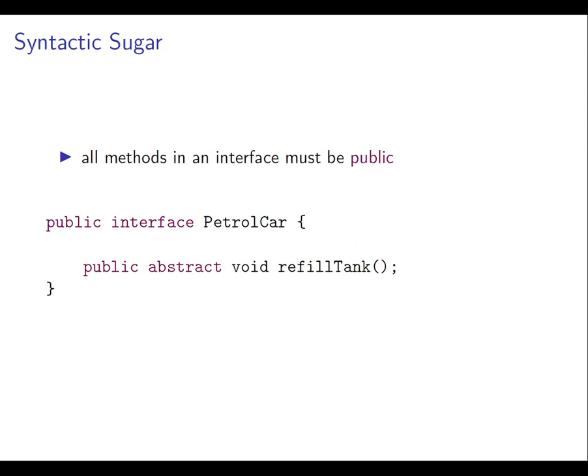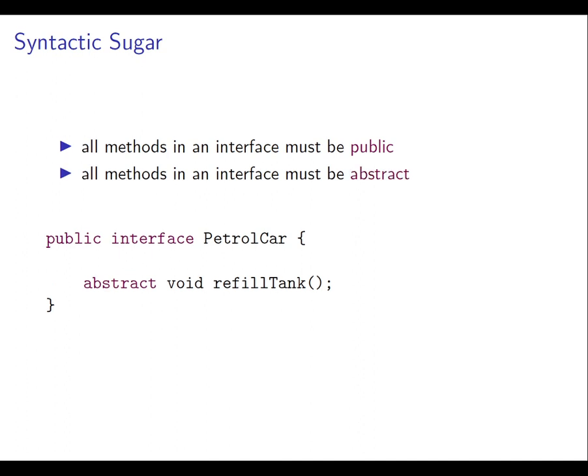So all methods must be public, and therefore you don't have to say so. You can just call them abstract methods like that. But also, we already said all methods must be abstract, so we don't have to say that either. We can omit that specification. And it's just because the Java language already knows that these things are public and abstract, just because it knows it's an interface, so you don't have to say so again.